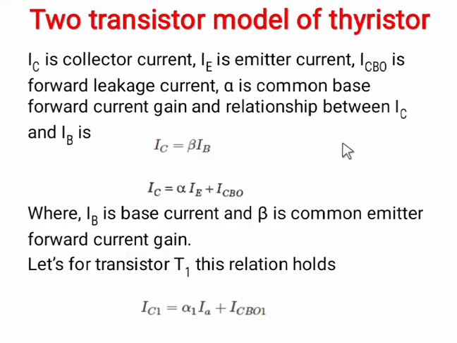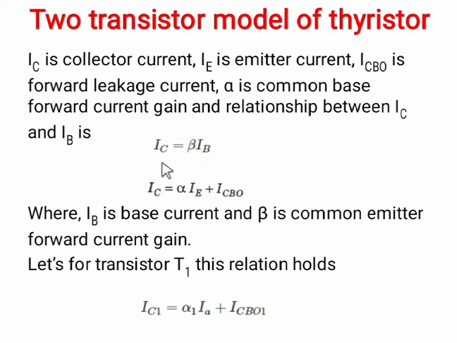In the previous lecture I explained the basic structure of the transistors, in which IC is the collector current, IE is the emitter current, ICBO is the forward leakage current, and alpha is the common base forward current gain. From these parameters, the relationship between the collector current IC and the base current IB is given by IC equal to beta IB.